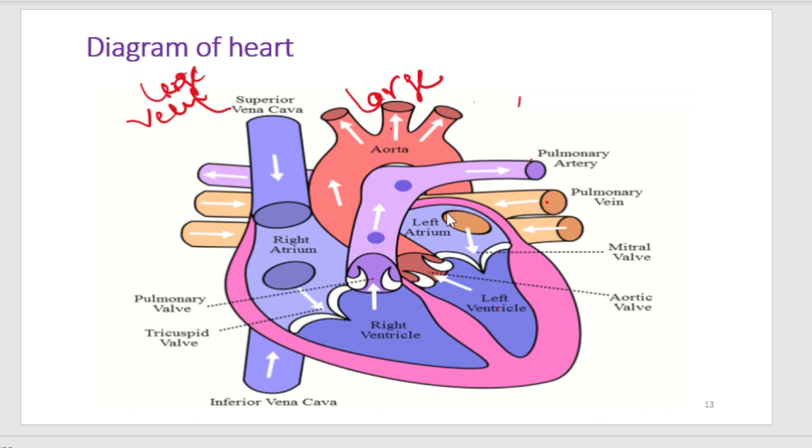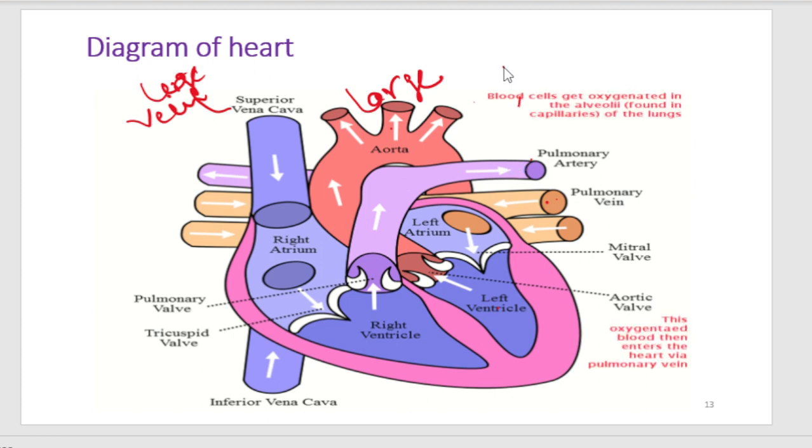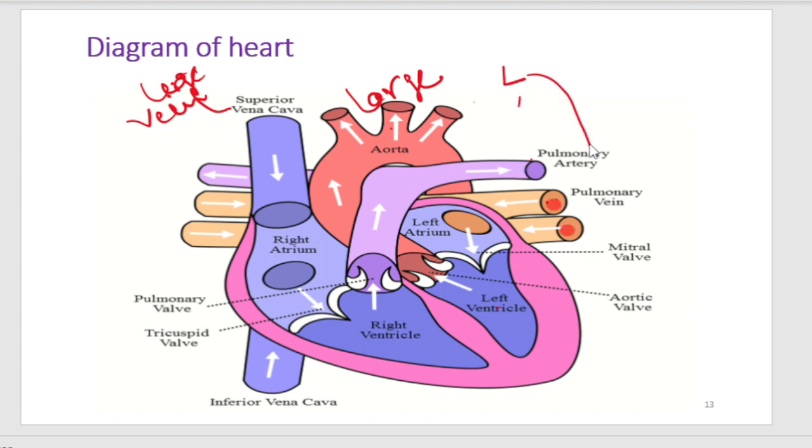How does this function? The pulmonary vein brings oxygenated blood from the lungs to the heart, the left chamber of the heart. As we know, we have a four-chambered heart: left atrium, left ventricle, right atrium, right ventricle. The pulmonary vein brings the oxygenated blood from the lungs to the left atrium.